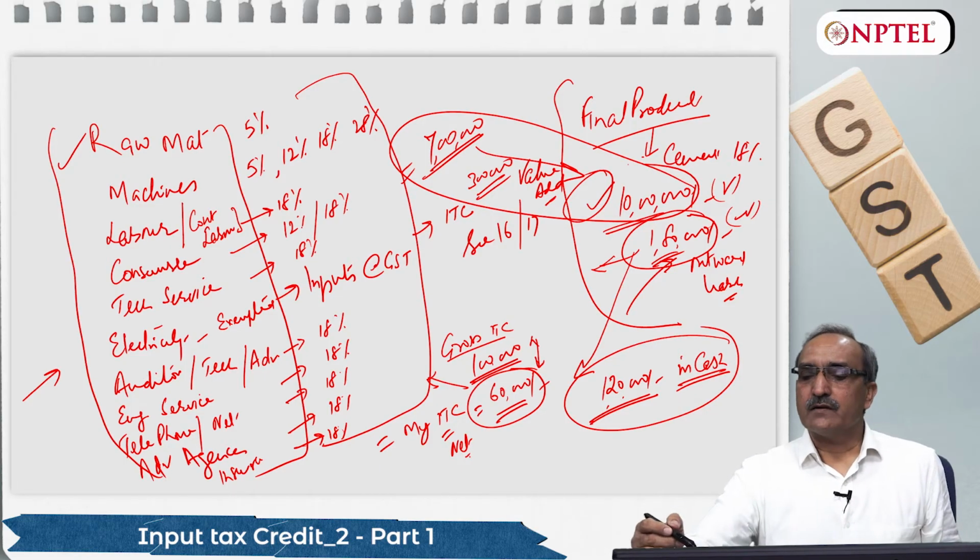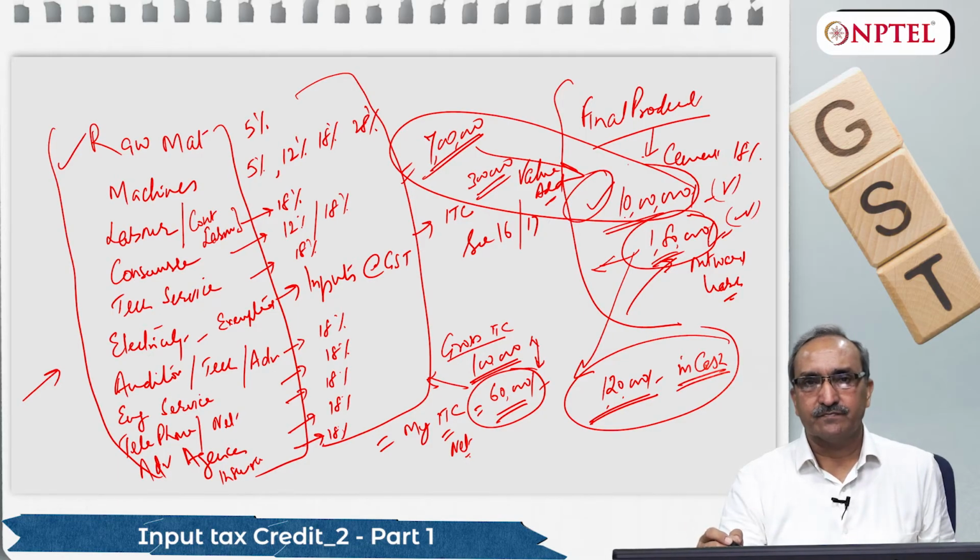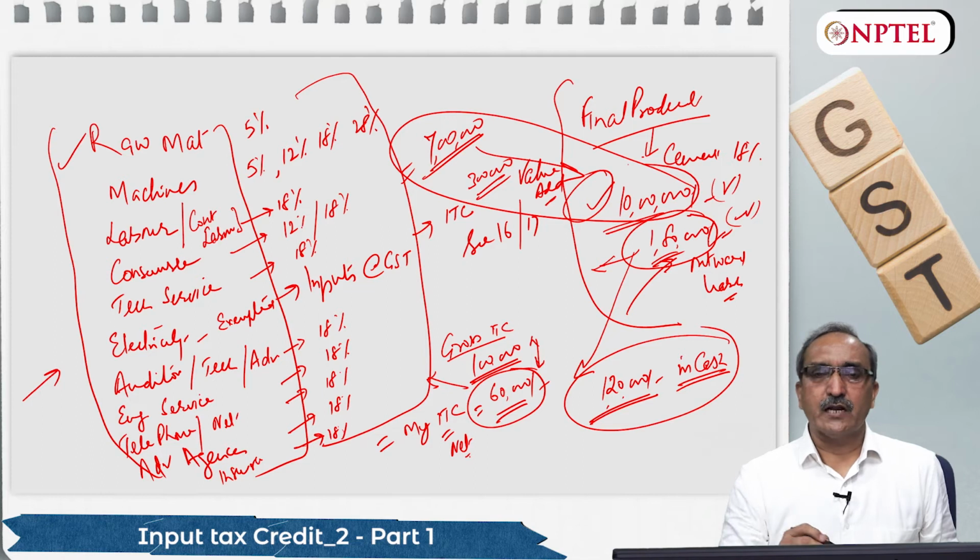So whenever you are determining your tax liability, your value of goods must be correct. You must calculate the value of your products very carefully, because on these values GST will be calculated and paid to the government. If your goods are overvalued, you are unnecessarily paying tax.